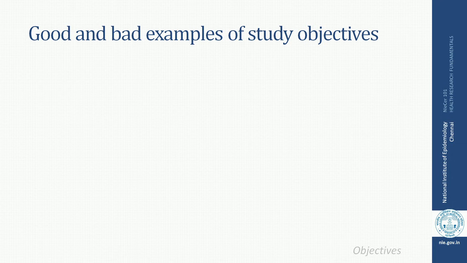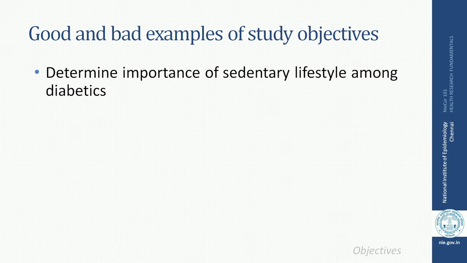Let me show you some good and bad examples of study objectives. Determine importance of sedentary lifestyle among diabetics. The word determine is not particularly suited for this statement because it seems to be a descriptive study.